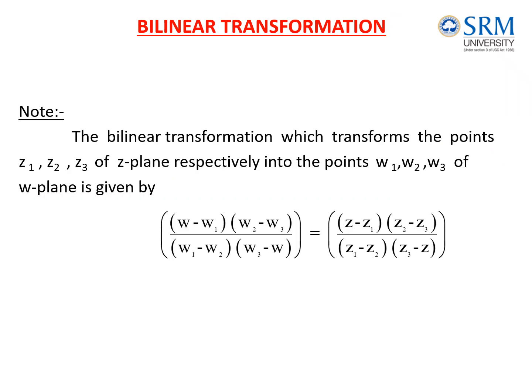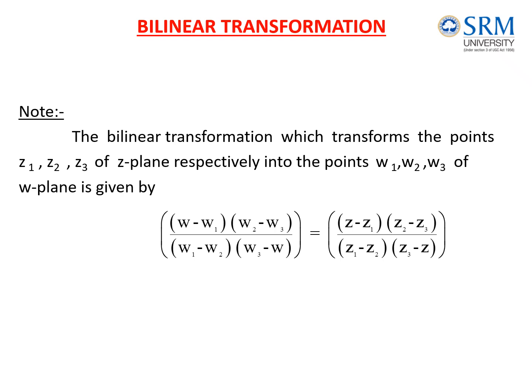And next comes a note for when 3 points are given in the z plane and the images of those 3 points in the w plane are given. Then we can find the bilinear transformation using the cross ratio property. The property can be easily remembered: it is (w minus w1) into (w2 minus w3) in the numerator, with suffixes 1, 2, 3; in the denominator it is 1, 2, 3, then w, that is (w1 minus w2) into (w3 minus w).